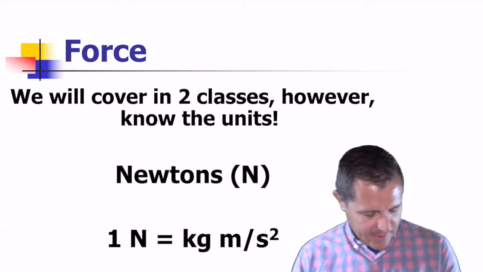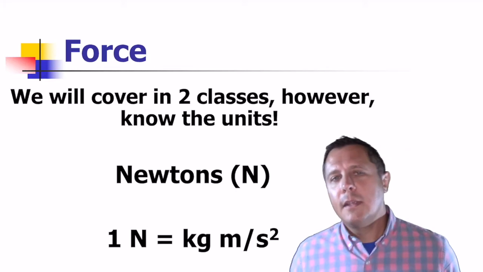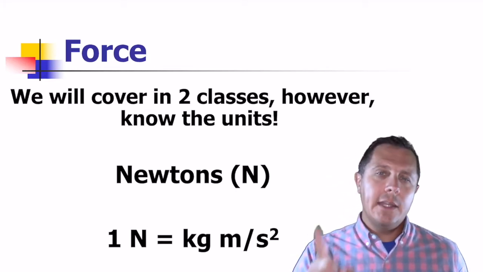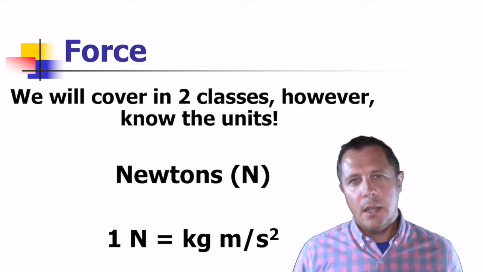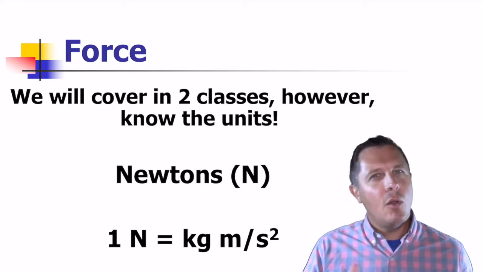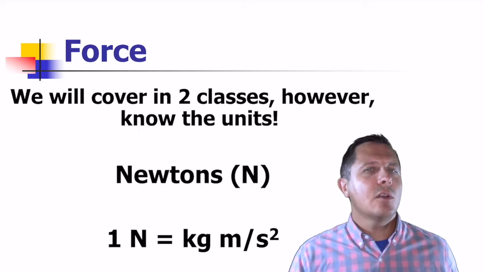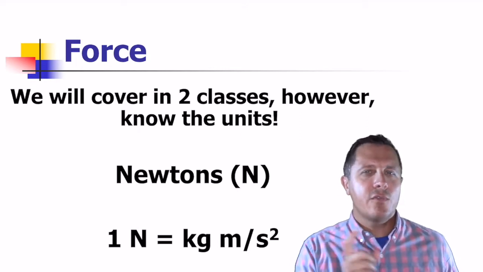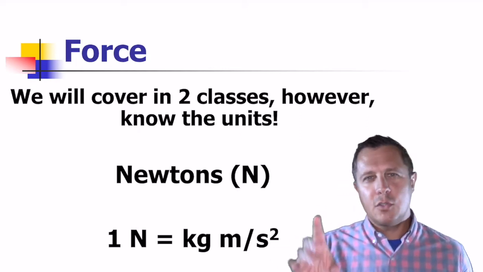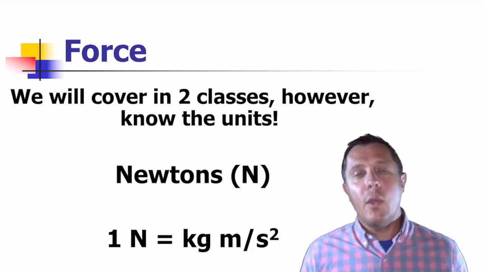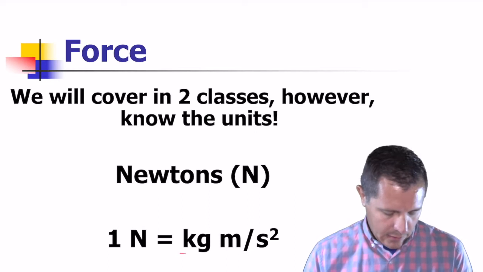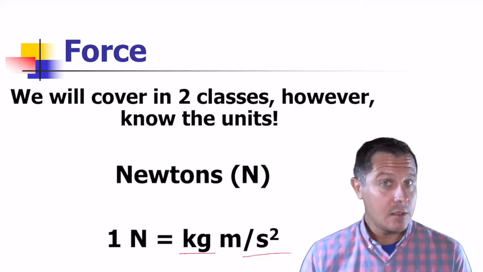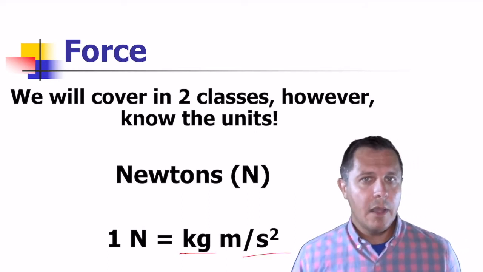So 1 newton is going to be 1 kilogram times 1 meter per second squared. That will kind of show you, if you have not learned about force yet, given the units kilograms and meters per second squared, you might be able to figure out what the equation for force would be. But I'll let you worry about that later.